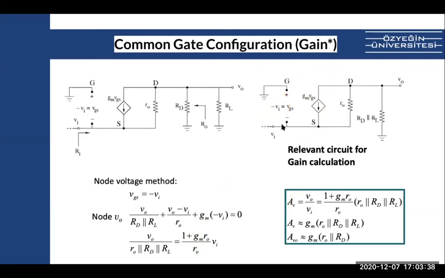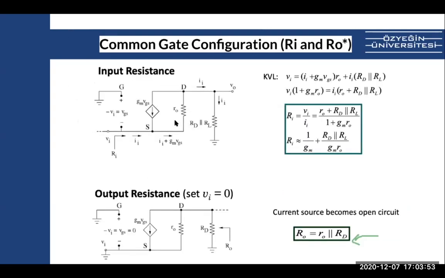So to find the gain, you again write a bunch of node voltages, and you find that the gain is gm times R0 parallel RD, and then you find the input impedance, you find the output impedance, and so on.